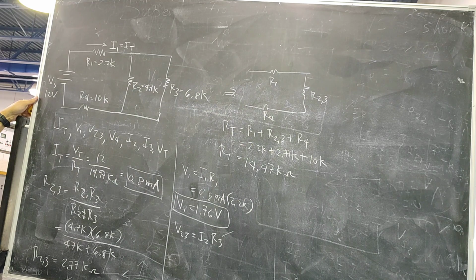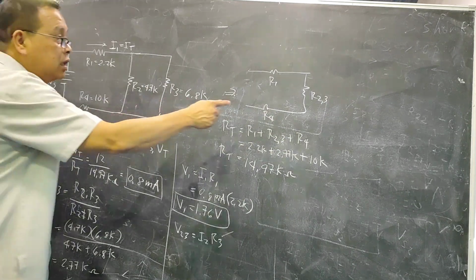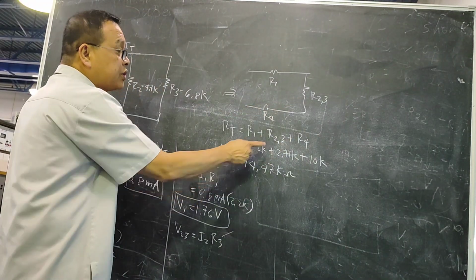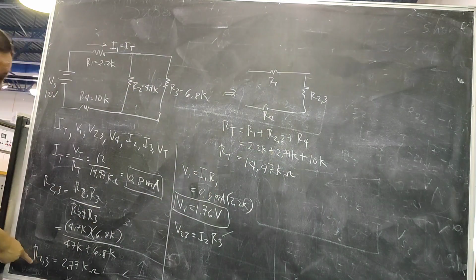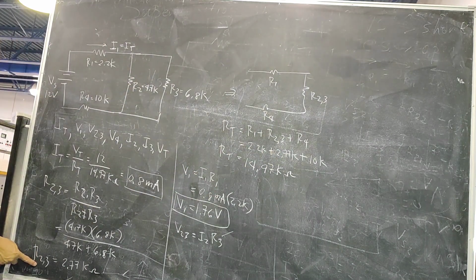Can we use R2 and R3 in the second circuit? Yes, we can. In this circuit, we know the I total. Here it's series, so that makes sense.